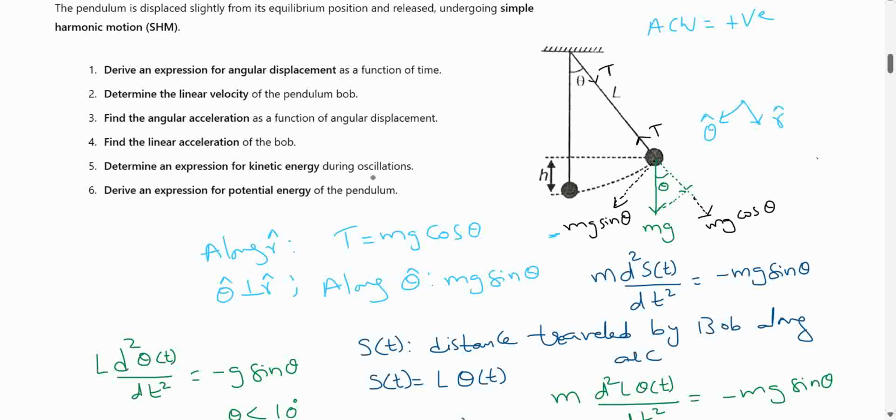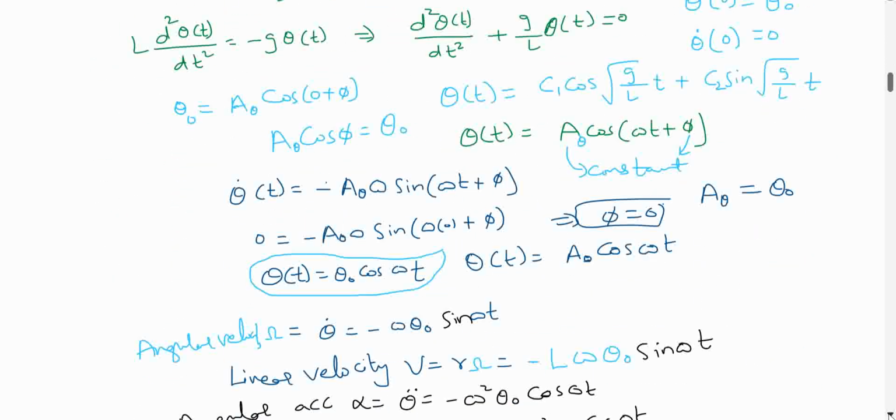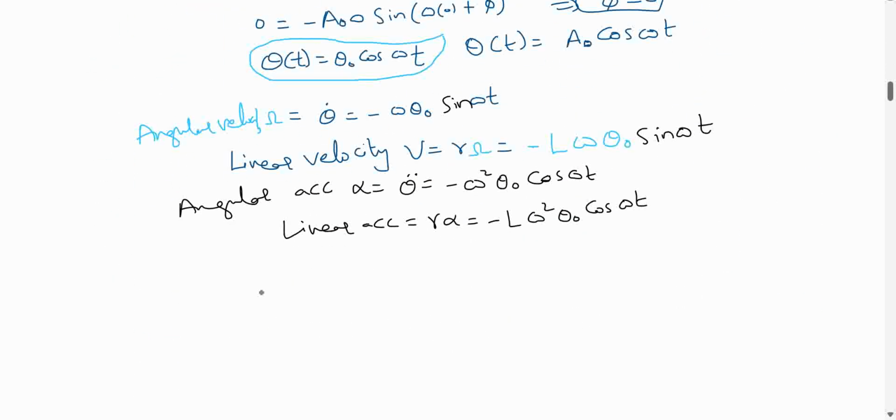Next, we have to find the kinetic energy and potential energy. Kinetic energy K is equal to half m v square. Here v is linear velocity.